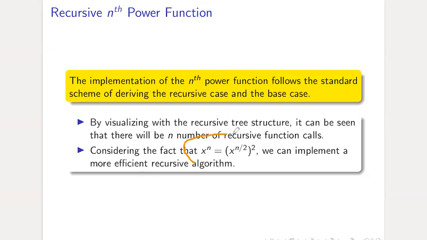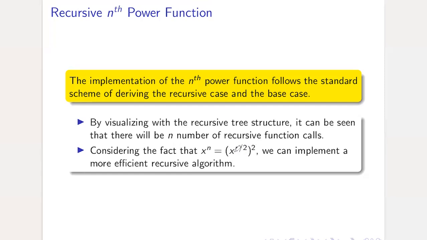But we can use some additional knowledge we have to improve the situation. Now, if n is an even number, which can be nicely divided by 2, then we can write x to the power n as x to the power of n divided by 2, raised to the power of 2.